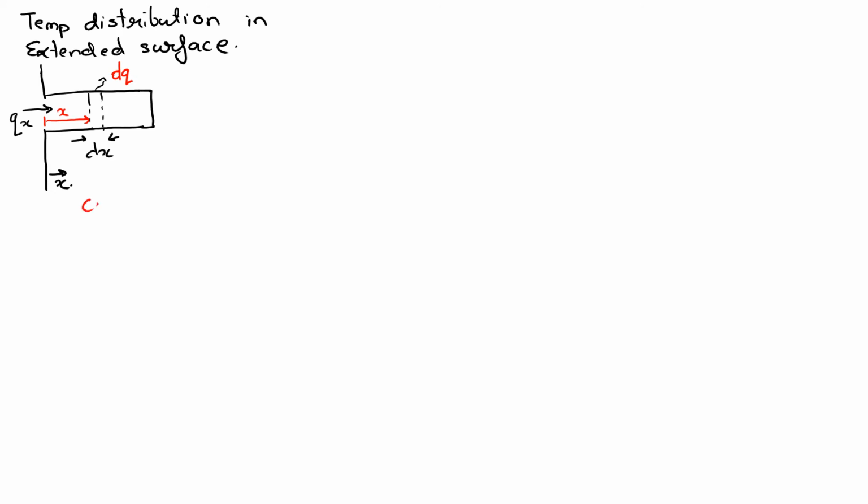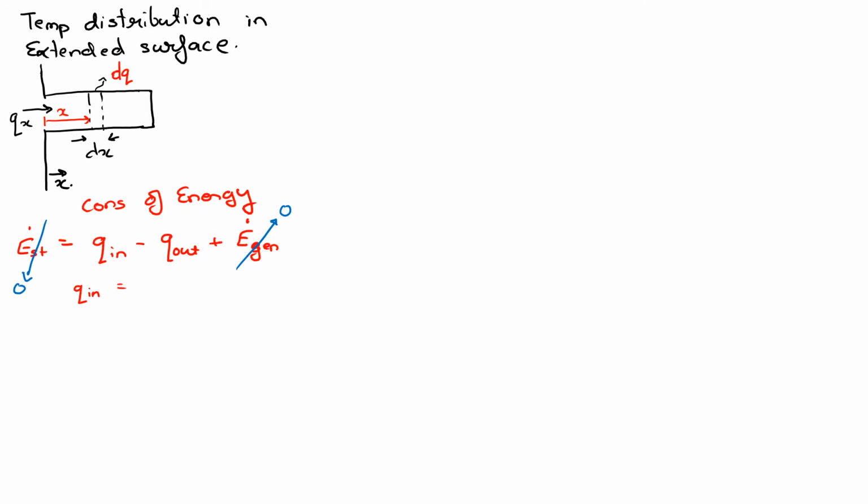Now we'll apply conservation of energy, which is the standard equation that we always use. E steady state is equal to Q in minus Q out plus whatever is generated. Now because we're assuming that it's a steady state problem, this will go to 0, and because there's no heat generated, our last term will go to 0 as well, and this will give us Q in equals Q out.